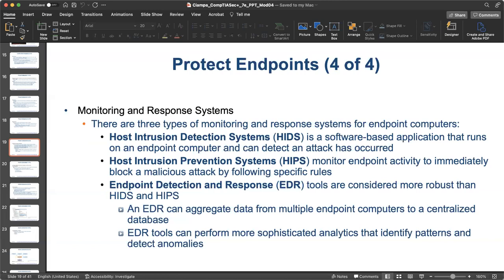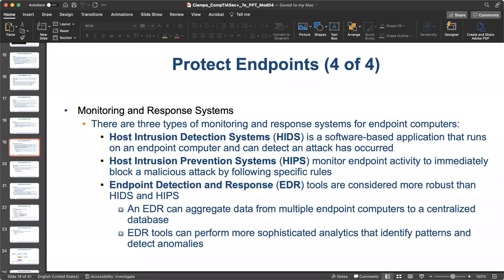So the second one, HIPS, or prevention system, as the name implies, is an intrusion prevention system, which not only monitors and detects malicious activities, but also attempts to stop them. These systems monitor endpoint activity and immediately block any kind of malicious traffic going in and out.